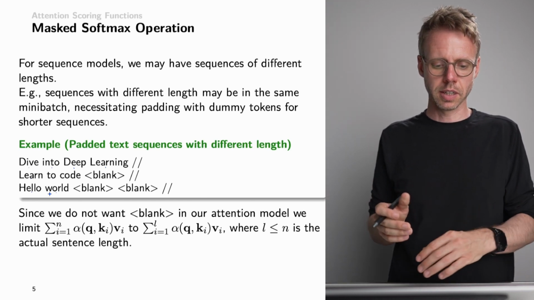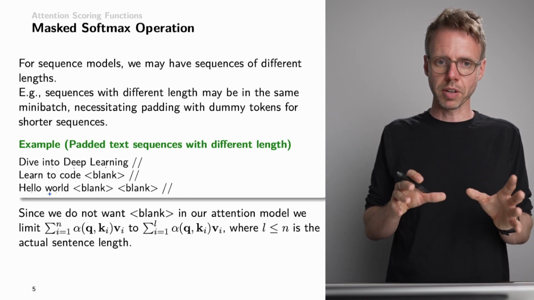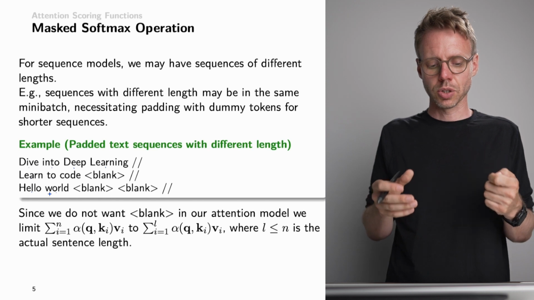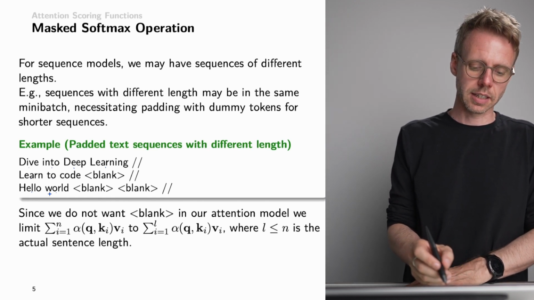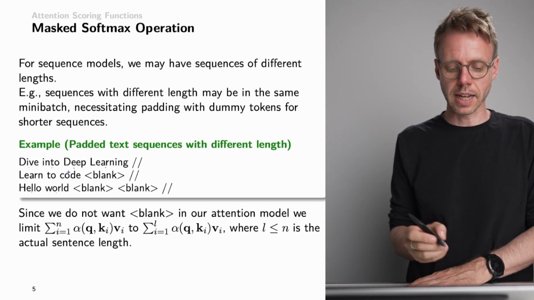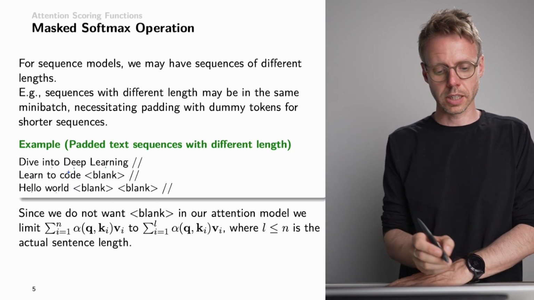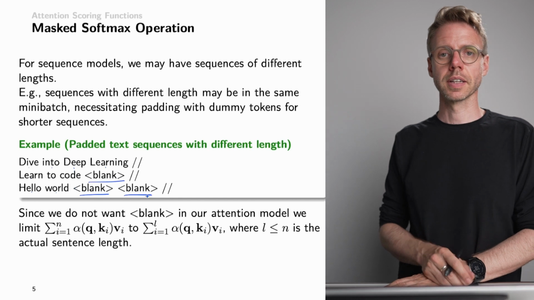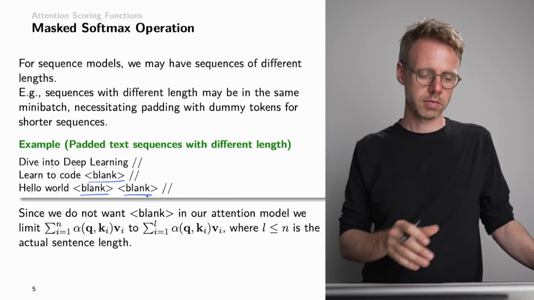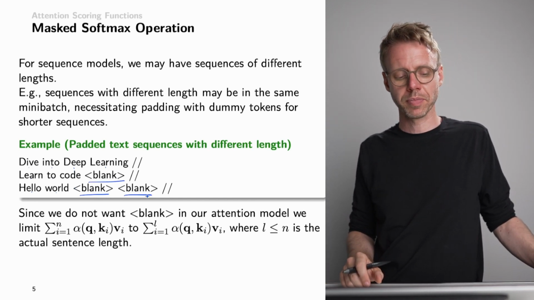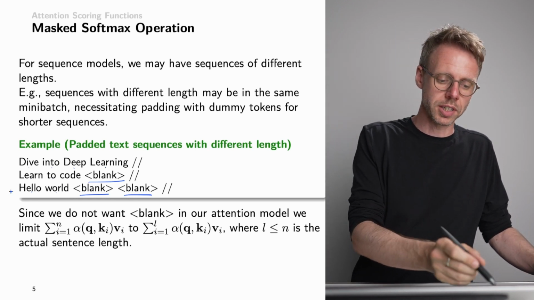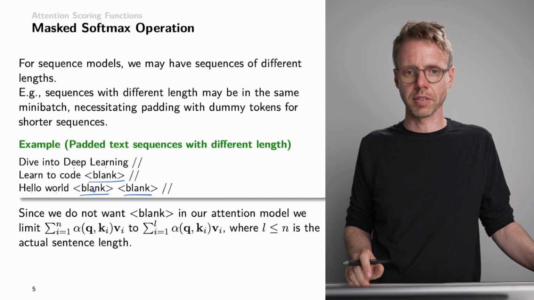So we have to be able to modify our softmax observations to deal with the fact that these sequences are of different lengths. So a trick to do that is by first introducing some dummy tokens, basically blank tokens, to all the shorter sequences, such that all the sequences are then of the same length.